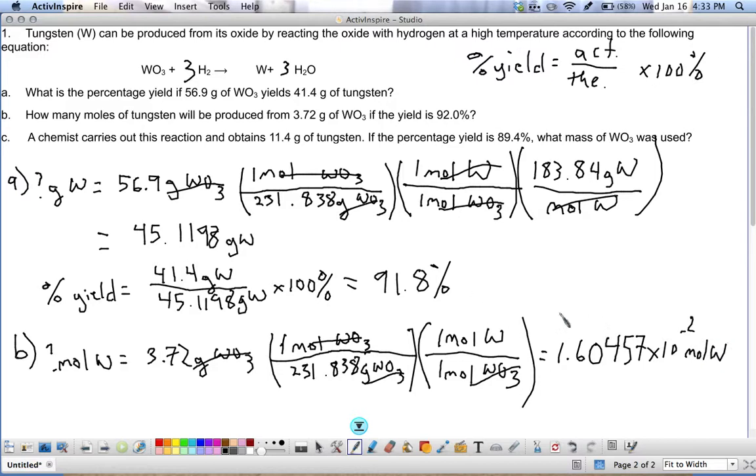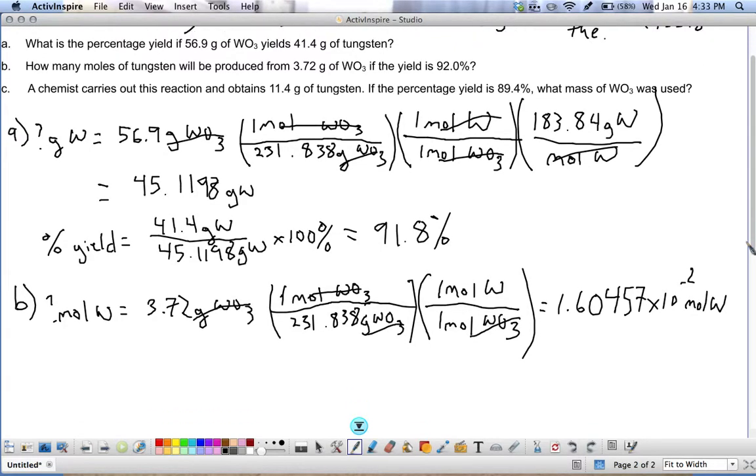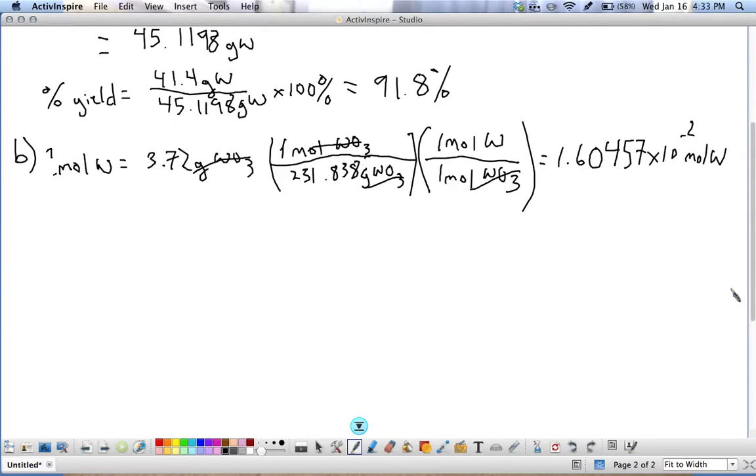Okay, this is our theoretical yield, but we're trying to find the actual yield. So when we rearrange the percent yield, we get actual equals percent yield times the theoretical yield over 100%.